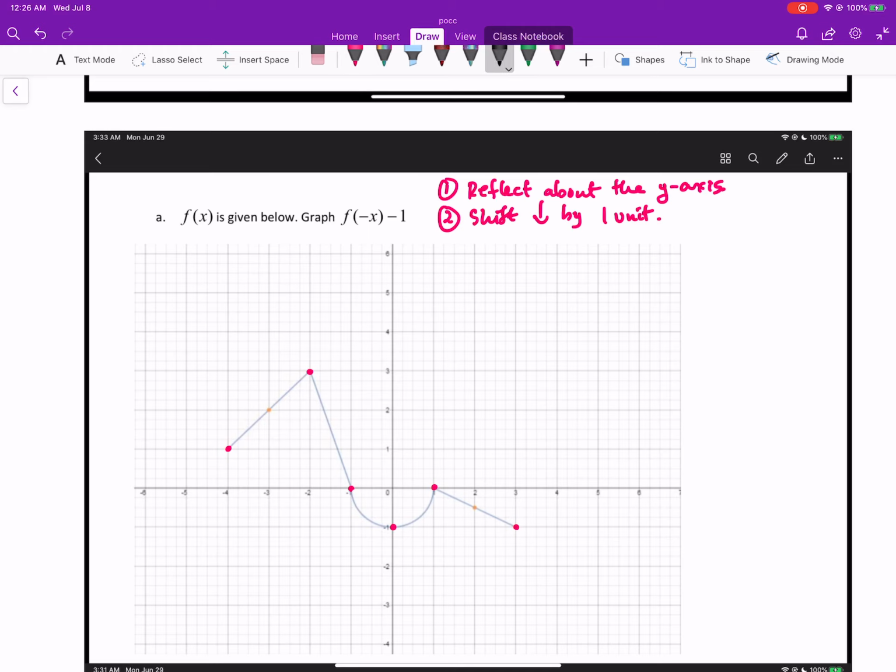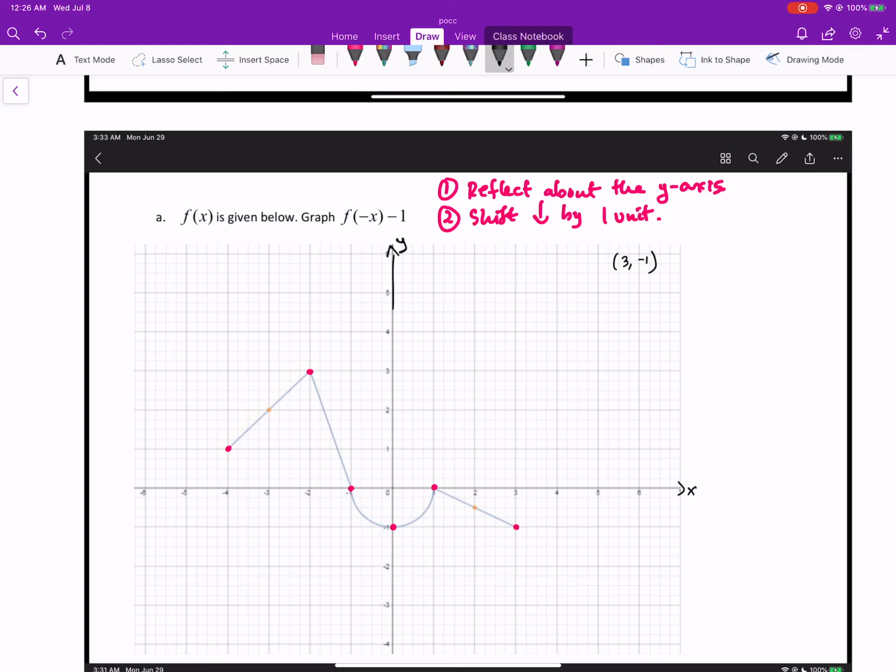So if I look at the first one, the point I have is 3 and negative 1. So this is my y-axis, this is my x-axis. So if I reflect about the y-axis, what happens? It's the x that changes, but the y stays the same.